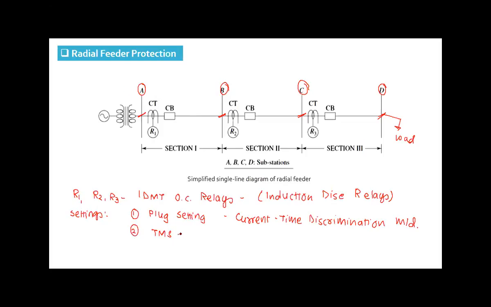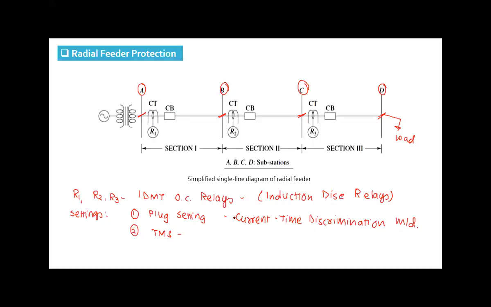And for TMS, time of operation, we have considered that there will be a selective interval between two relay operations, that is 0.25 seconds. We have added that if the time of operation of relay R3 is for any fault, then the time of operation of R2 should be 0.25 seconds more than that of R3, and likewise for R1. Okay.